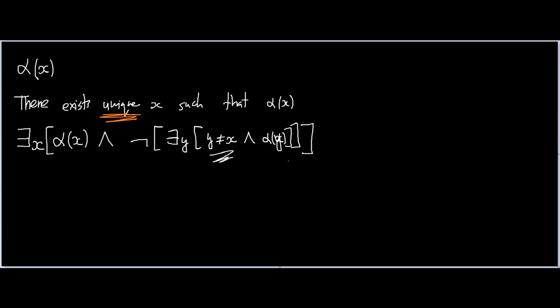We can also write it out in a different way, where we entirely separate the two parts. We're going to separate this into the part that says there exists at least one x such that alpha x is true, and the part that says there is at most one such x.